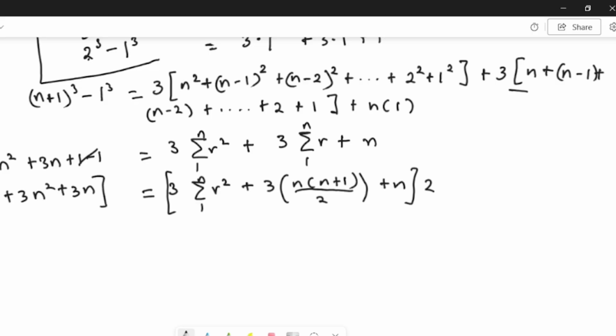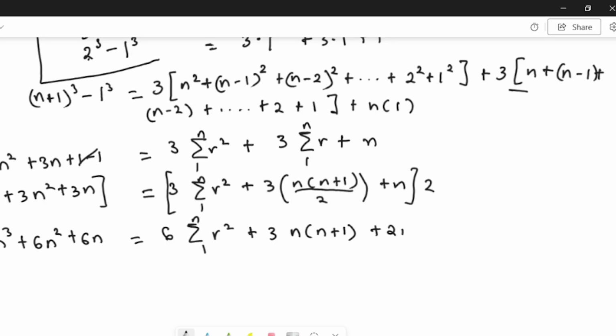So we have 2n cubed plus 6n squared plus 6n is equal to 6 sum of r squared plus 3n into n plus 1 plus 2n. Now we collect the like terms. We're going to leave 6r squared alone, making it the subject, 6 the sum of r squared.